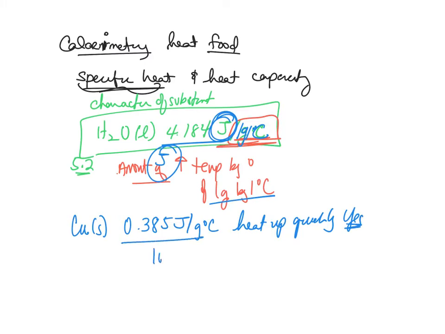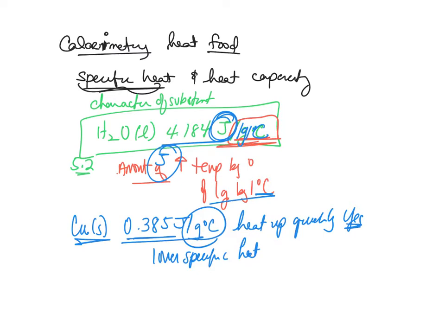And it's because it has a lower specific heat. So for 1 gram of copper to increase the temperature by 1 degree Celsius, it only requires 0.685 joules of energy, whereas water requires 4.184 joules of energy. So that is a little bit about specific heat.